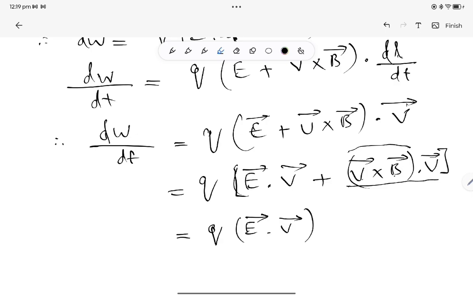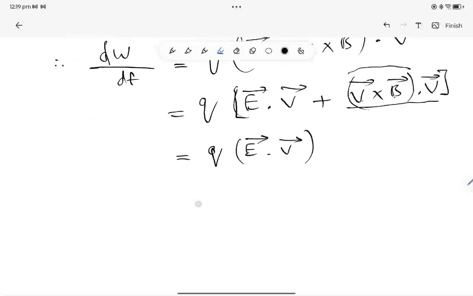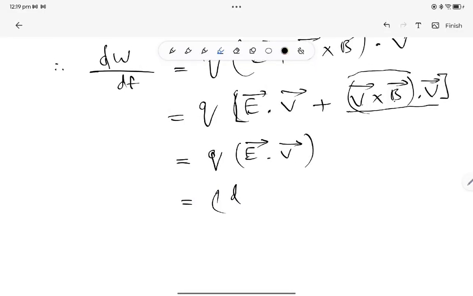Okay, we can replace this Q by rho dv, or in order to avoid confusion with velocity, we will write the volume element from now onwards as d tau.